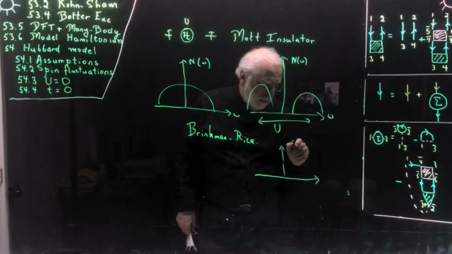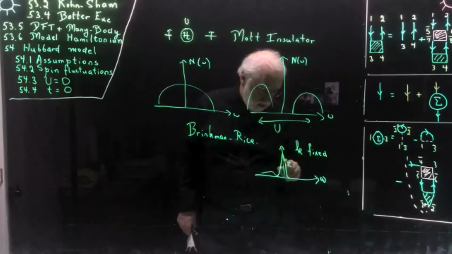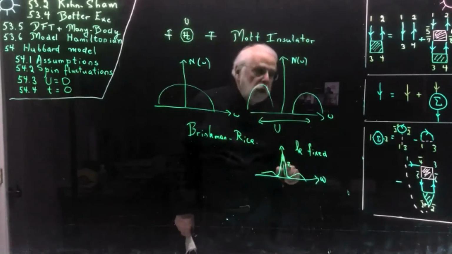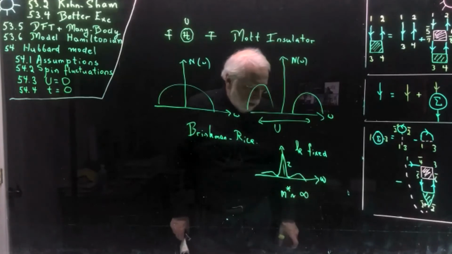So if we look at A of k, k fixed, A of k and omega, there's a quasi-particle peak here with a weight Z, right? And there's some background. So the view of Brinkman-Rice is that Z goes to 0. They did some approximate calculation and m star goes to infinity. Z goes to 0.